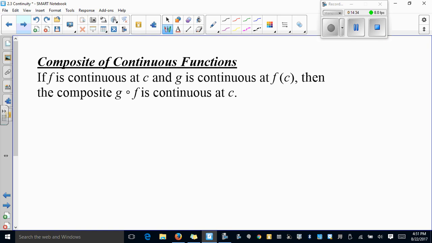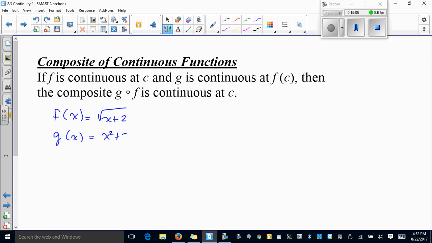composite of continuous functions. If f is continuous at c and g is continuous at f of c, then the composite g of f is continuous at c. So let's come up with a function. f of x is equal to the square root of x plus 2, and g of x is equal to x squared plus 3.